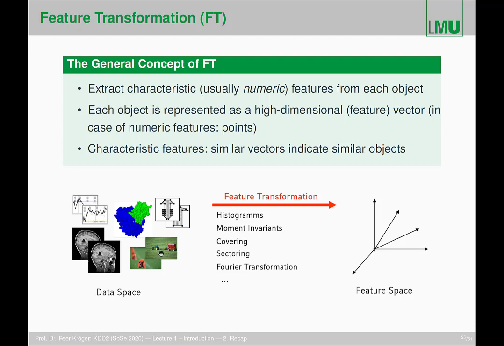Well, you just say, okay, let's take, say, 64 colors, and then we just count for each image how many pixels of one of these particular colors are in this image. So each image will be transformed into a 64-dimensional feature vector.